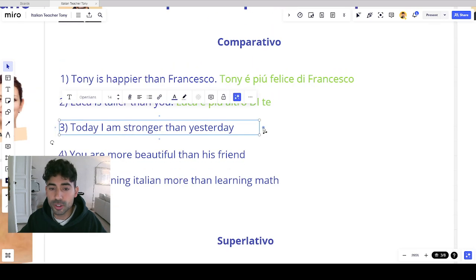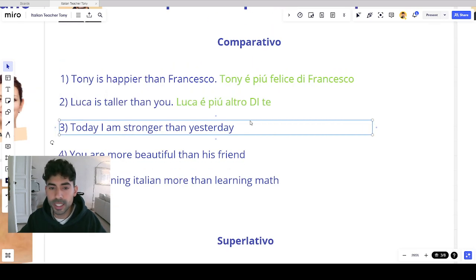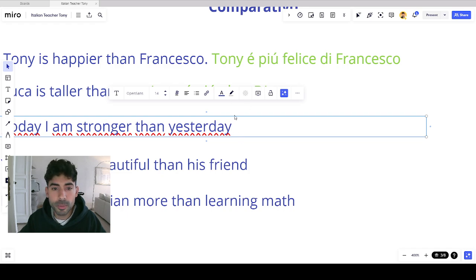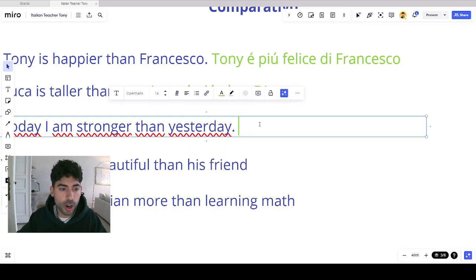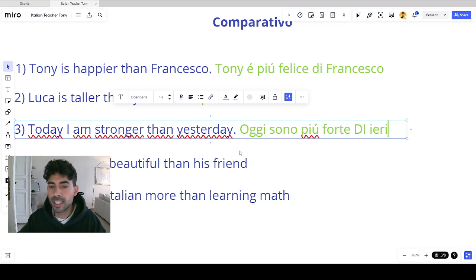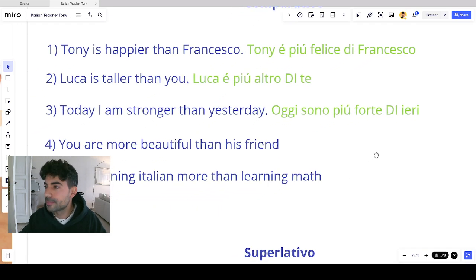And the translation for this sentence is going to be: oggi, today, sono, I am, più forte, forgot the accent, più forte di ieri. Today I'm stronger than yesterday. Oggi sono più forte di ieri.